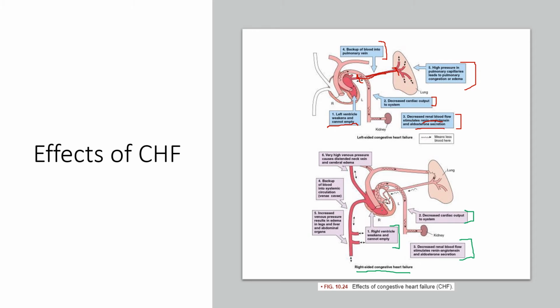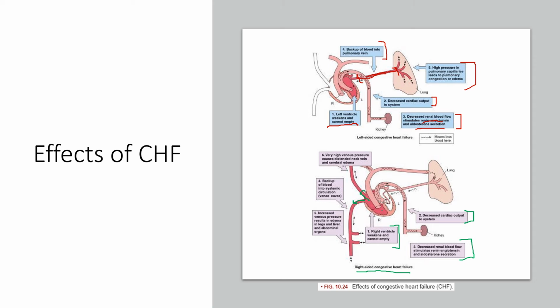And then what happens is there's a backup of blood flow. So instead of going back into the pulmonary veins like we saw in left-sided congestive heart failure, what happens is the blood is getting backed up into the vena cava, either the superior vena cava or the inferior vena cava, which is very, very bad.